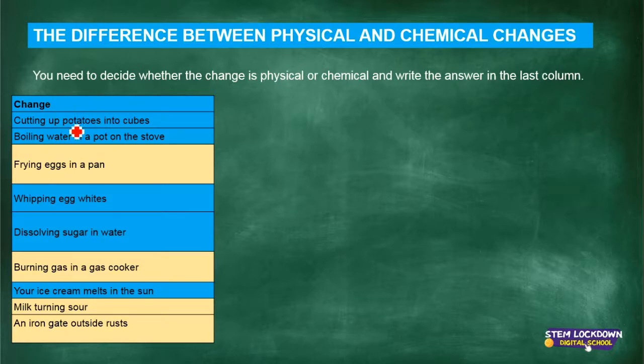If you had to change cutting up potatoes into cubes, do you think this is a physical change or is it a chemical change? If you had to cut up potatoes into cubes, does anyone know? You can type it into your chat.